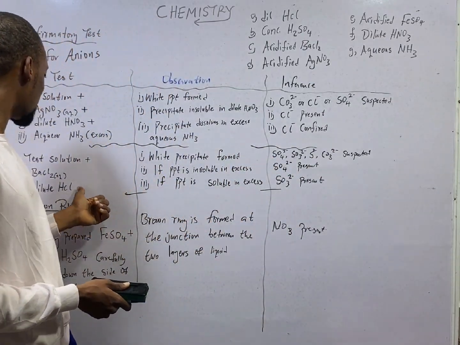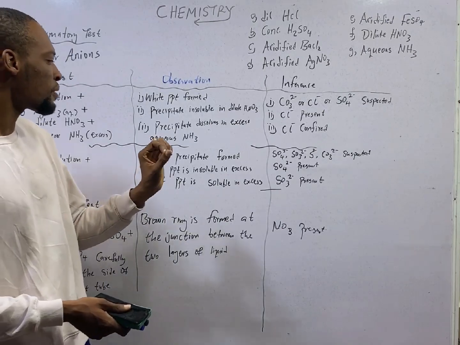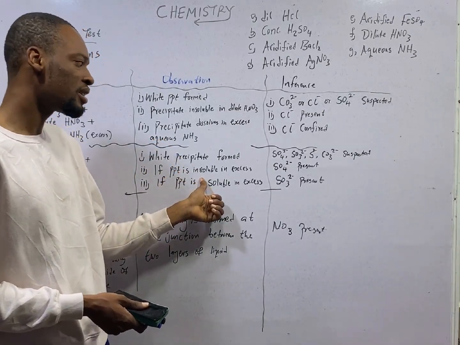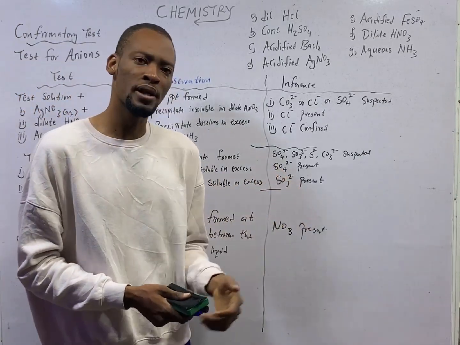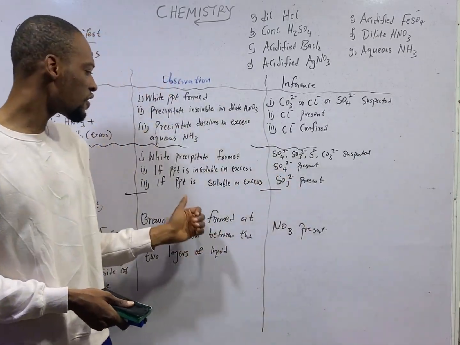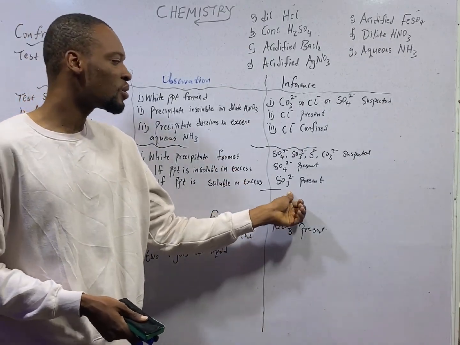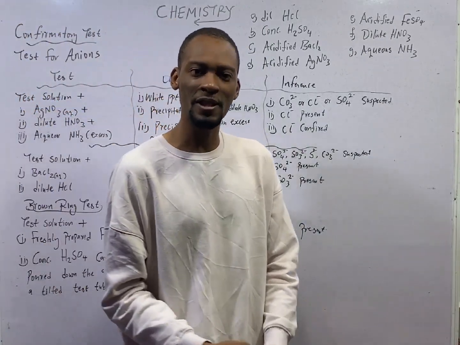If you add dilute HCl, if this precipitate is insoluble in excess dilute HCl, then SO4 2- is present. If it is soluble in excess dilute HCl, then SO3 2- is present.